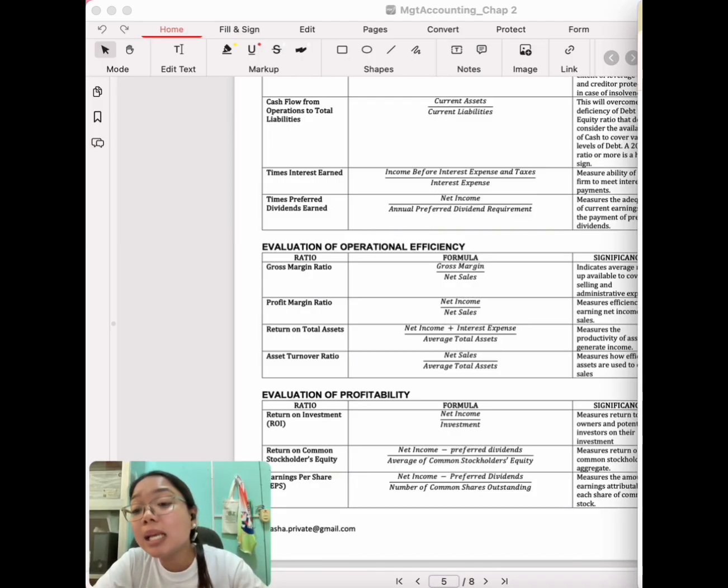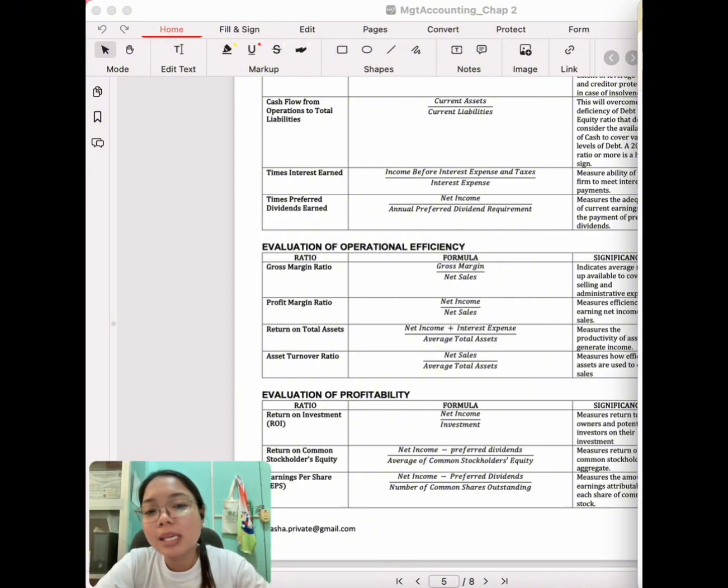So, this remaining amount, meaning, is available to cover other operating expenses and ultimately contribute doon sa profit ng company. So, sales minus cost of goods sold equals gross margin.